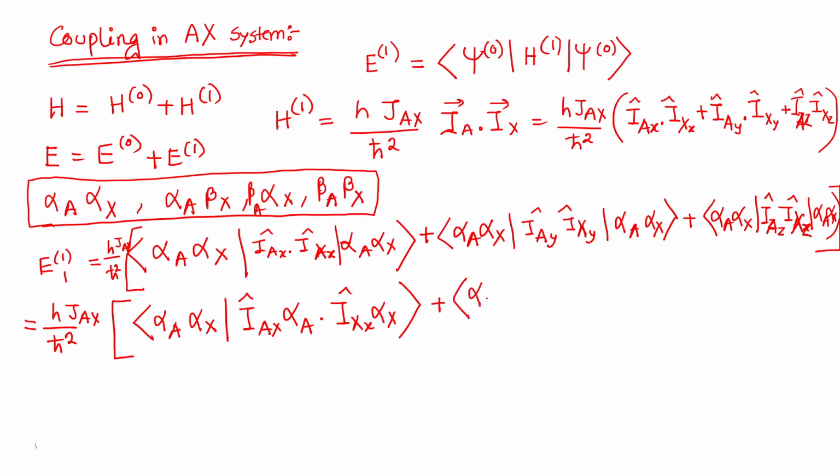Then alpha A, alpha X: this is going to operate on alpha A and this is going to operate on alpha X. Then this is going to operate on alpha A.